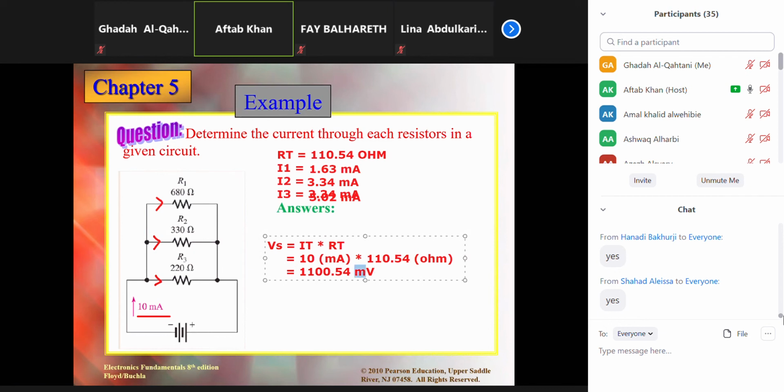If I want to write it in volts, it is so simple, because milli is the lower unit. If I want to go to volts, what I need to do is divide by 1000. So if I divide by 1000, you know what? 11 volts. Why? Because when I divide by 1000, so sorry, not 11 volts.